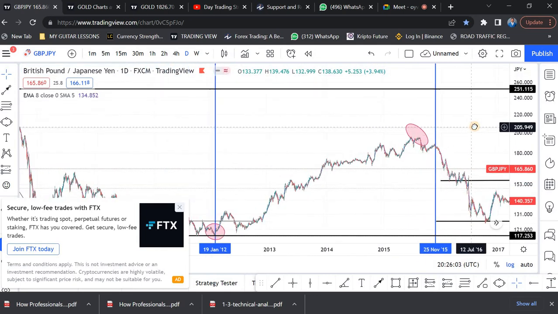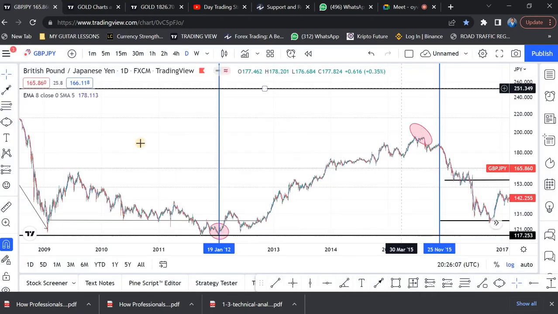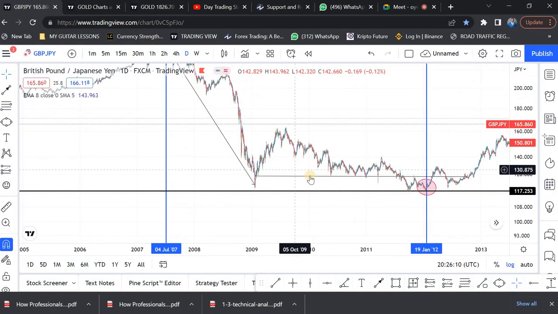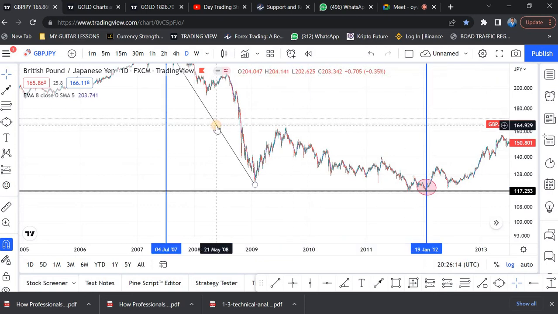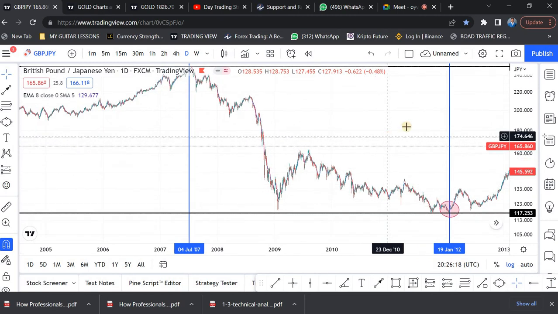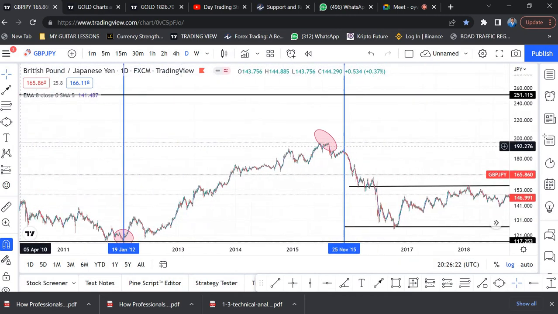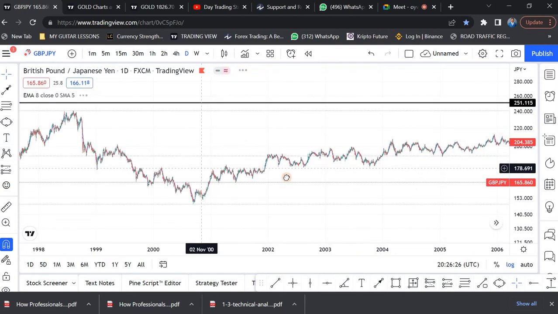So what it means is that all the time when price gets to these support and resistance areas, they tend to respect these areas and then bounce back, or they pause or react to these areas on the chart. Okay, I'm going to show you, if we trace the market back in history, let's look at the history of the market.